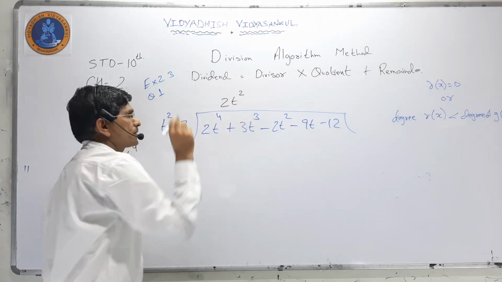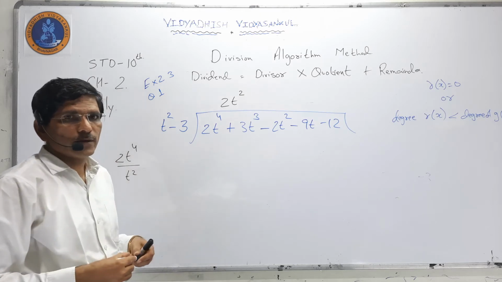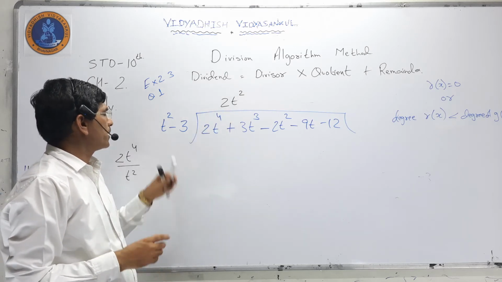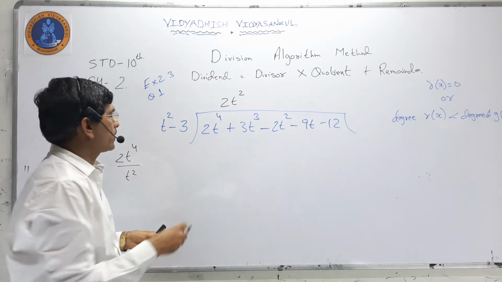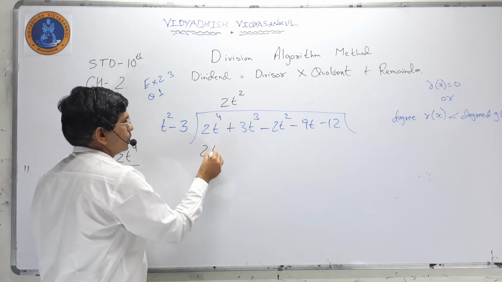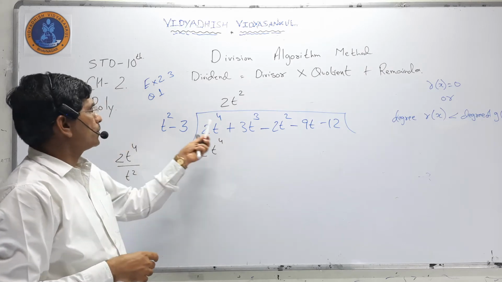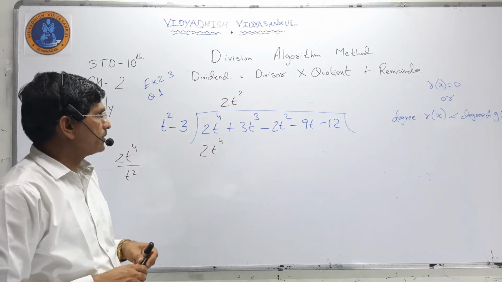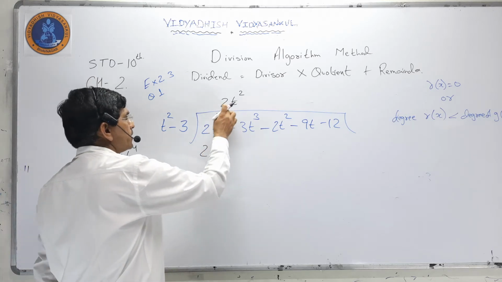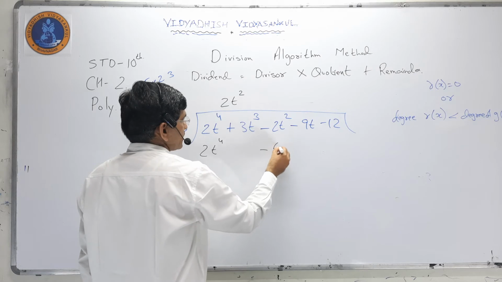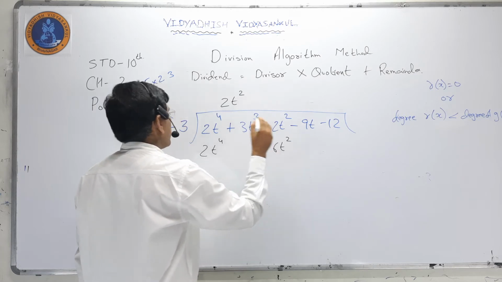Now what do I have to do? I have to multiply 2t square by t square, that is 2t to the power 4. Again 2t square multiplied by minus 3, so minus 6t square.